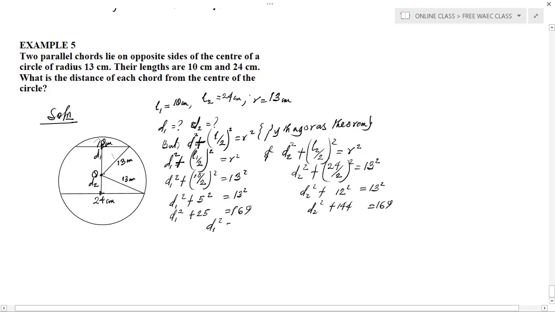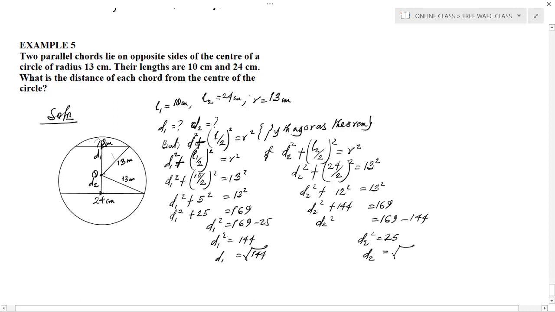D1 squared equals 169 minus 25. D2 squared equals 169 minus 144. D1 squared equals 144. D2 squared equals 25. D1 equals square root of 144.